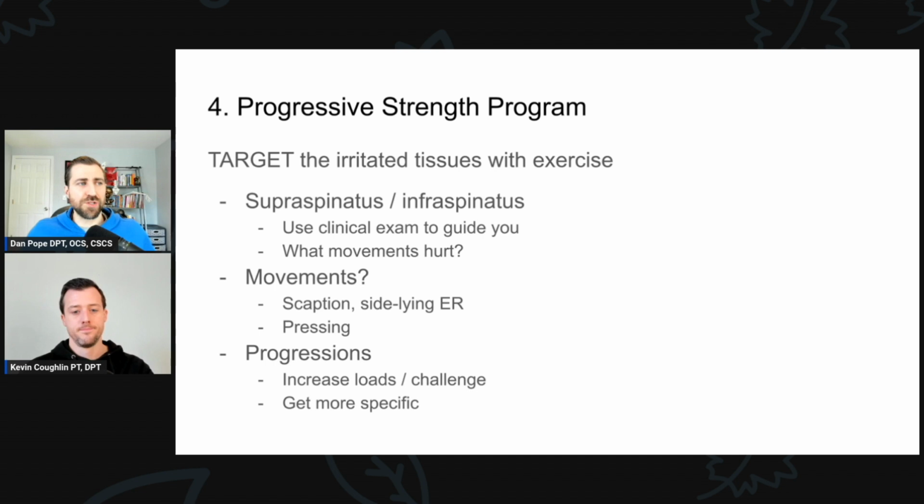In terms of progressions over the course of time, I think two things. For one, you can increase the loads, the speeds of movement, or just the challenge of the exercise, so choose harder exercises. But the other thing that becomes really important is specificity. What is your athlete or person in the gym trying to get back to? If that's heavier bench press, because that's what hurt before, then you probably want to choose exercises to help facilitate that.